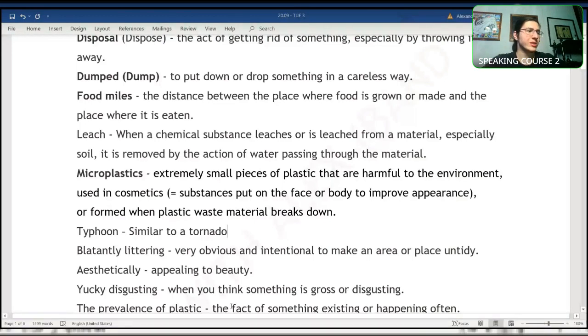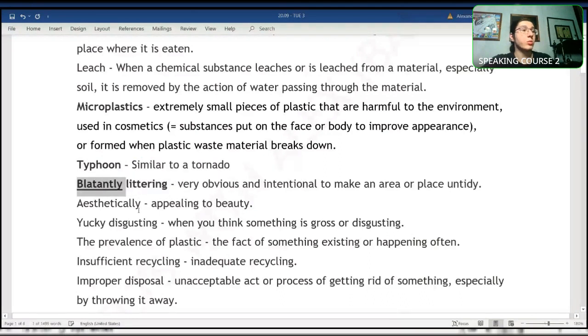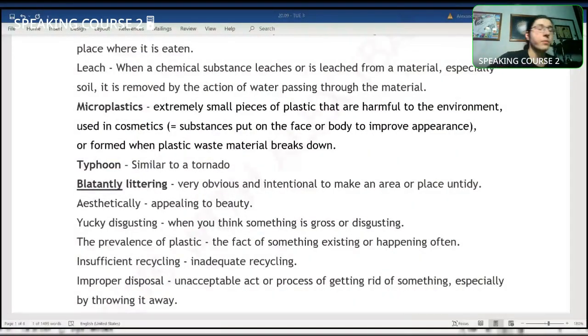Let's continue our lesson. Blatantly littering. I think the main thing that you need to know is the word blatantly. But let's say this word together. You can say it with a clear T, but the way I usually say it is more relaxed.